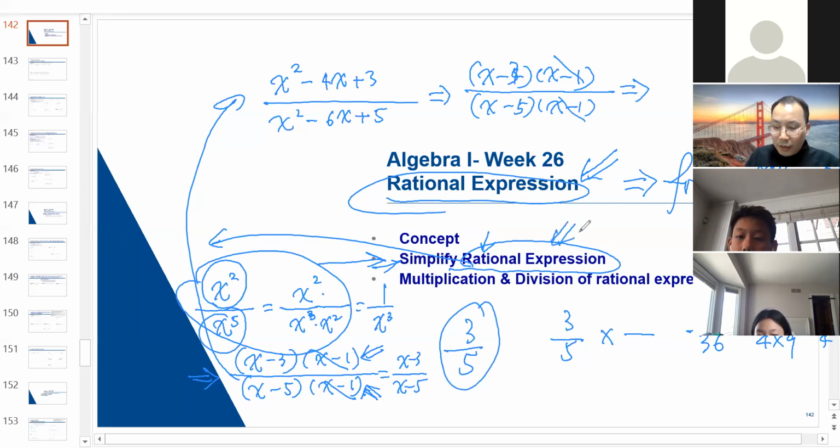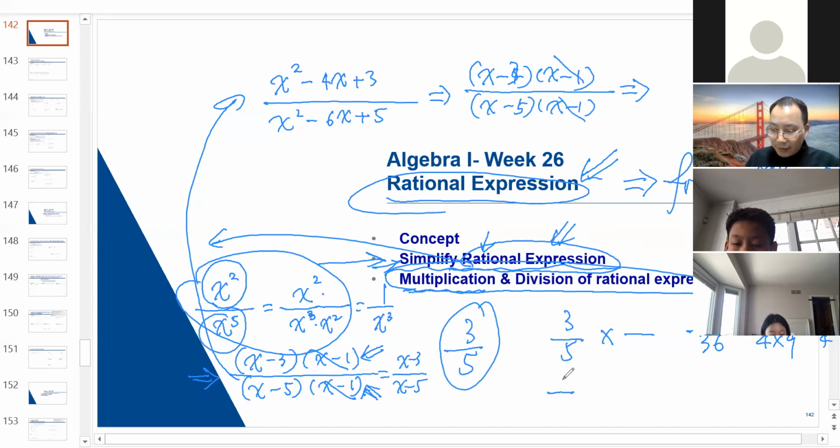This step looks simple, but we used a lot of knowledge that we learned before, right? All right, so we did an additional new topic about multiplication and division.